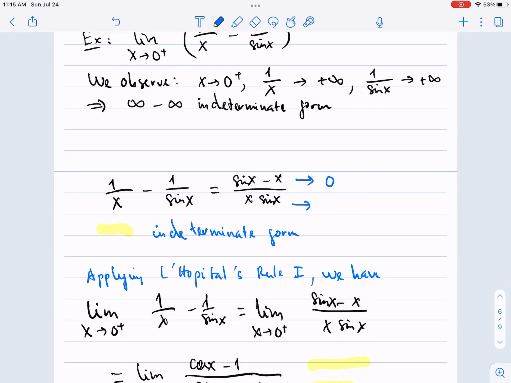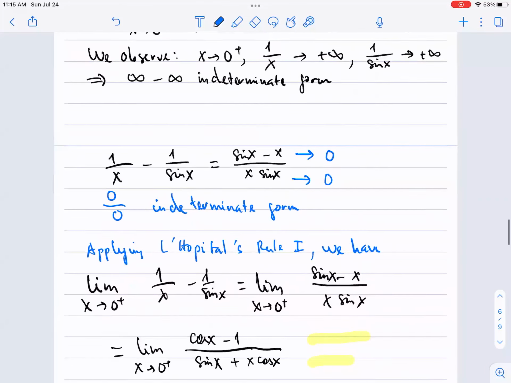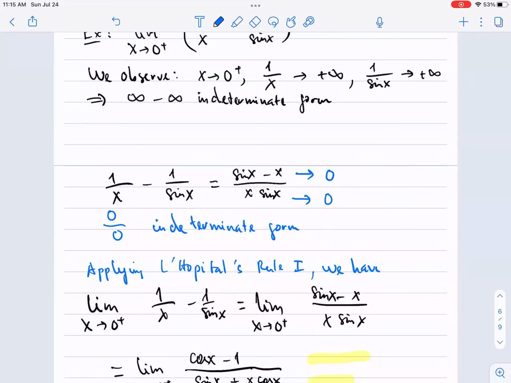The denominator also approaching 0. So this is 0 divided by 0 indeterminate form. So in this case, we just did a very simple algebraic manipulation to transform the infinity minus infinity indeterminate form to the 0 divided by 0 indeterminate form.